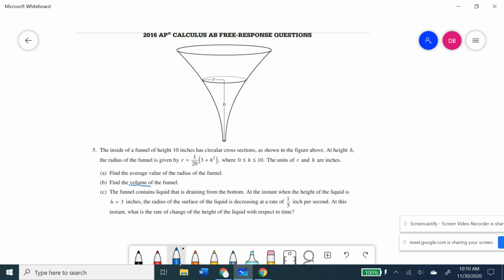Now, as you look at this funnel, you might realize that you have rotational volume about this center axis that's right in the center of this solid. Or you might see circular cross sections. Either way, you're going to come up with the same formula because these circular cross sections have an area formula of pi times r squared.